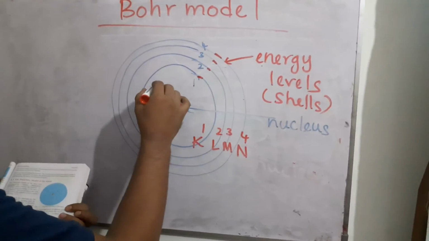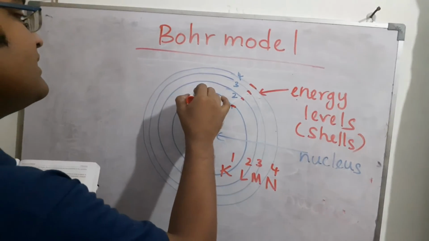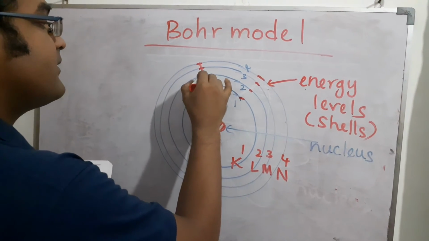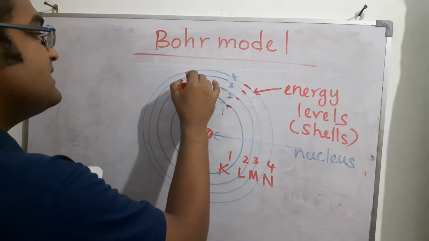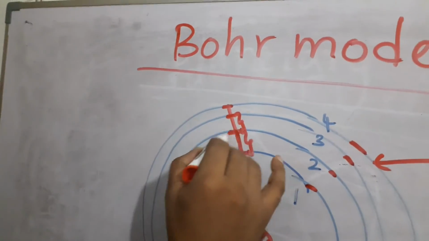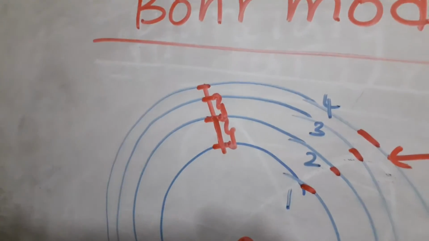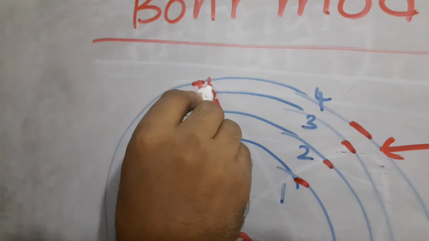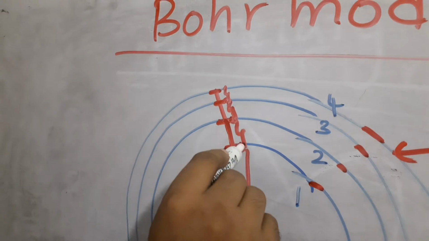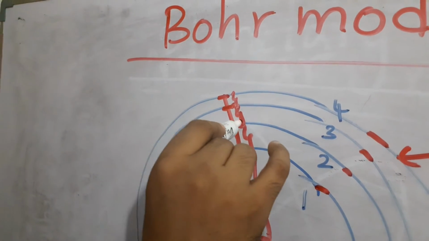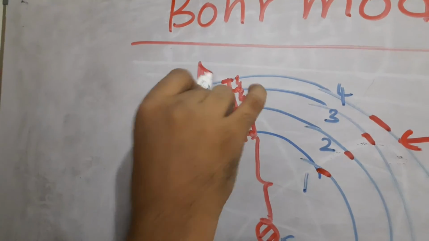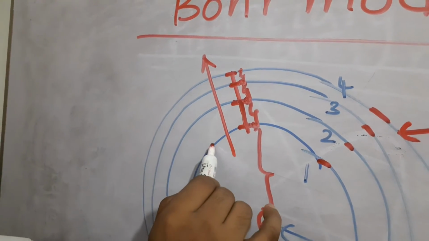And also he told that the energy gaps decrease. The gap from here to here is lower than from here to here. The gap here is greater, then the gap further decreases. So from the nucleus to here, then here to here, energy gap decreases, but energy increases.